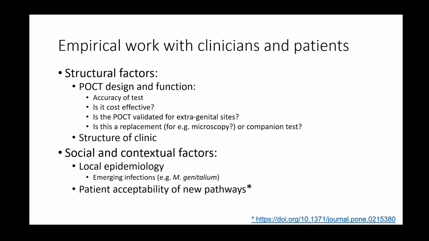So, for example, validation for extragenital sites, which is particularly important for communities of patients with large populations of men who have sex with men, and whether or not this would be a replacement or companion technology. The structure of the clinic was also highly important, such as the amount of bathrooms and areas where patients could take samples, and structural and contextual factors such as local epidemiology of emerging infections, as well as the potential patient acceptability of new pathways for these tests.